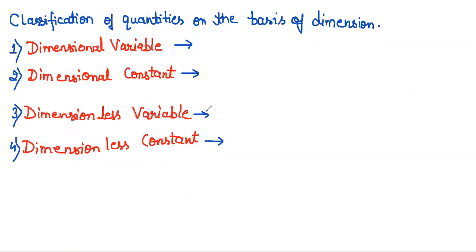For the dimensional variable, meaning the variable which has dimensions, there are many quantities like area, speed, acceleration, force, etc. They are quantities which have a dimension, and they are also variable quantities. Now dimensional constant, the constant which has a dimension, like speed of light.